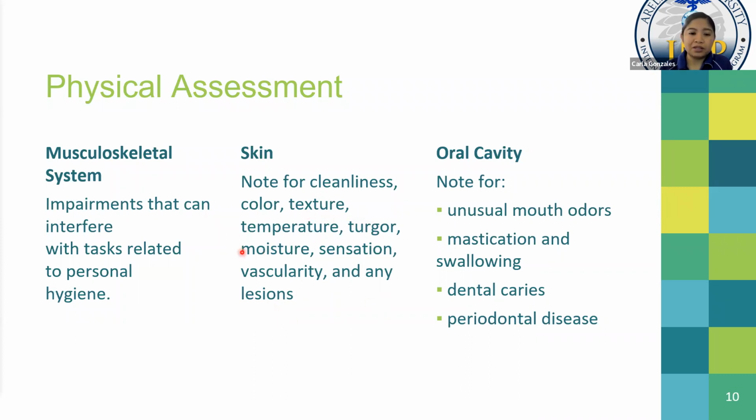For the oral cavity, you note any unusual mouth odors, you check the mastication ability of the patient, the swallowing, and if there's any presence of dental caries or periodontal disease.